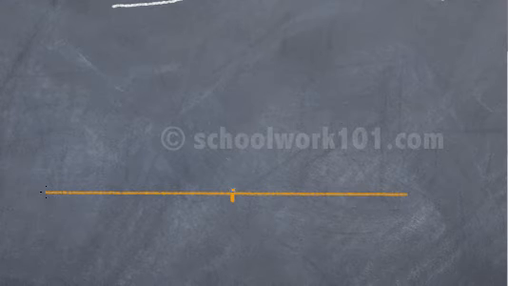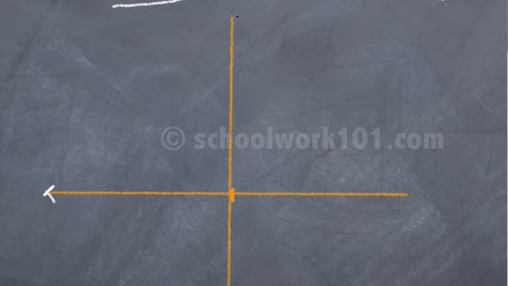Then we're going to put another real number line about like that. Intersecting two real number lines. Intersecting. And we call this the origin.